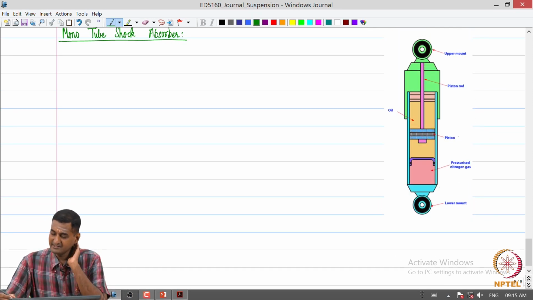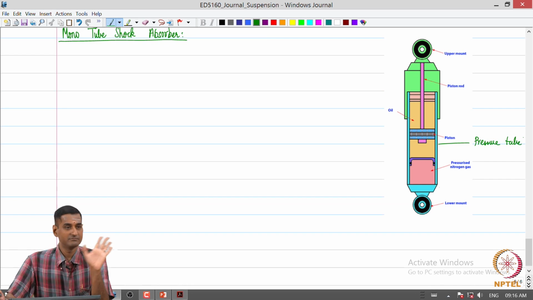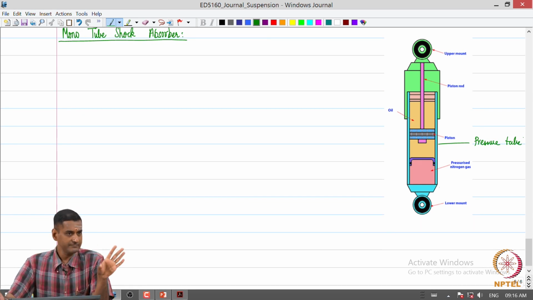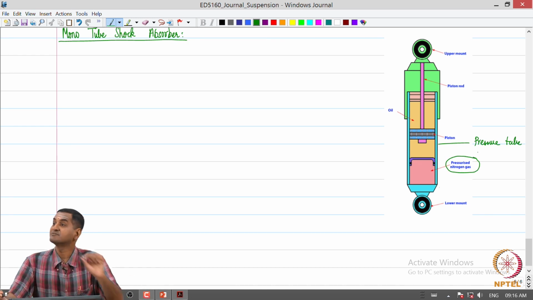We can see that there is only one pressure tube as the lower tube. So, there is no annular reserve tube in the bottom part. And there is a pocket of pressurized nitrogen gas which takes up the change in volumes when the hydraulic fluid is pressurized due to the compression and extension cycle.